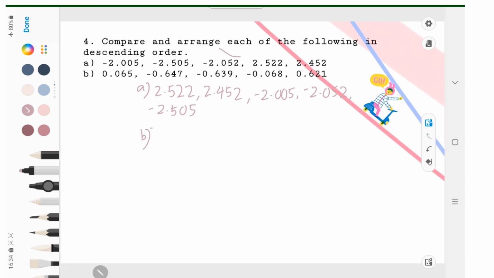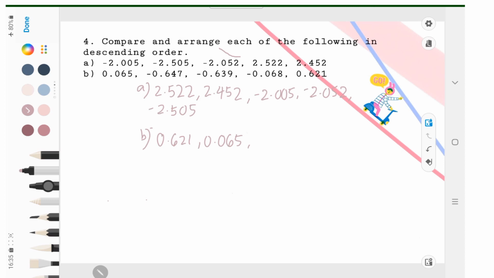B. 0.065, negative 0.647, negative 0.639, negative 0.68, and 0.621. Same, the positive ones will be 0.621 and 0.065. 0.621 is greater than 0.065.